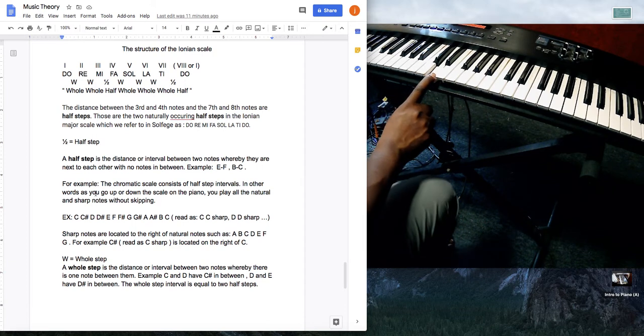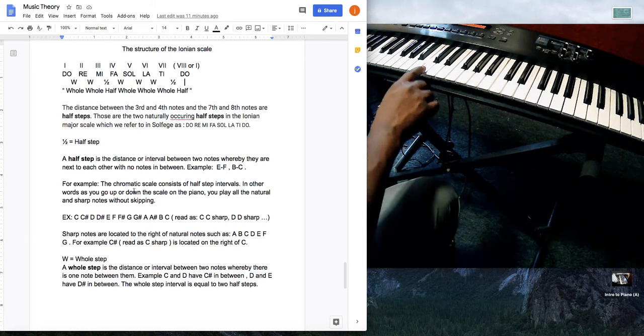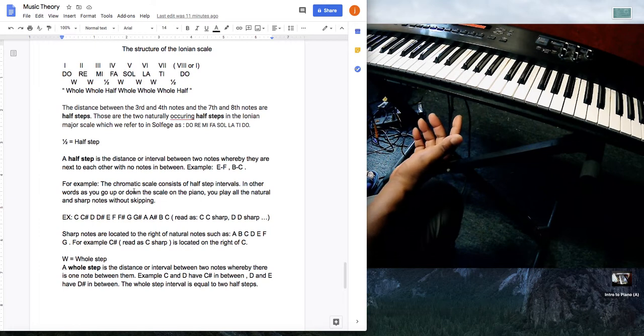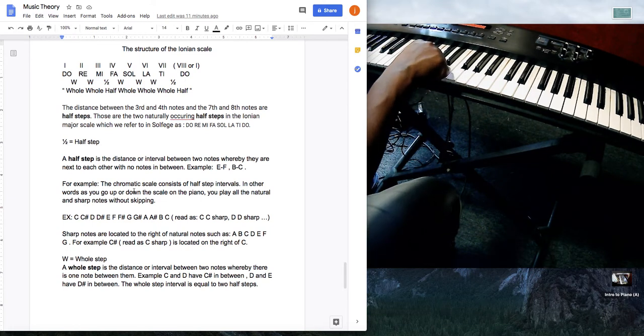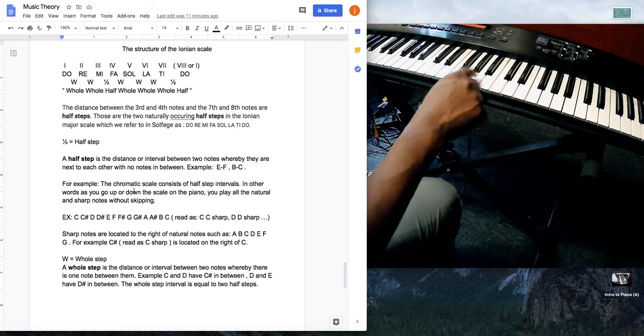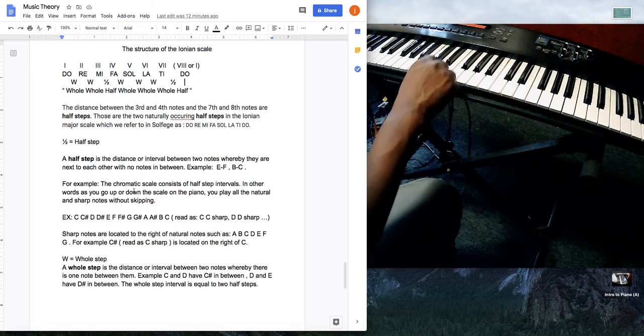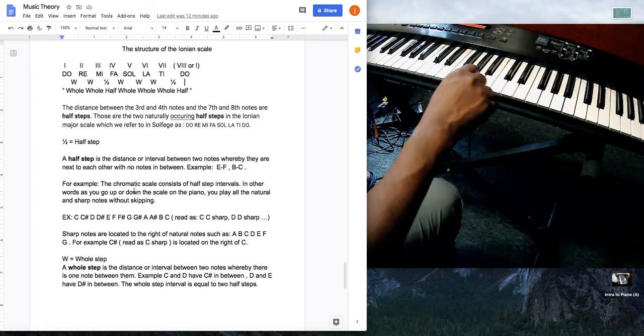Okay? So, an example: the chromatic scale is an example of half step intervals played as a scale. So for instance, if I want to go from C to C in half step intervals, I go C, C sharp, D, D sharp, E, F, F sharp, G, G sharp, A sharp, B, C. So what I did here, I moved in half steps, and that's called the chromatic scale.